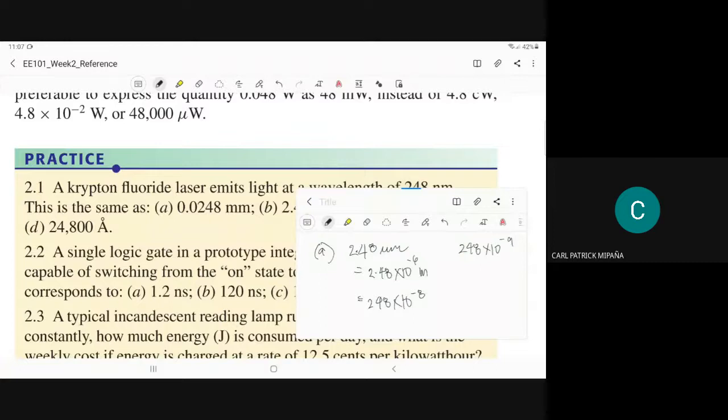Or let's go to 12 volts. Sir, 12 volts ra ang akong answer. Unya ang tinuod, 1,200 volts diay.